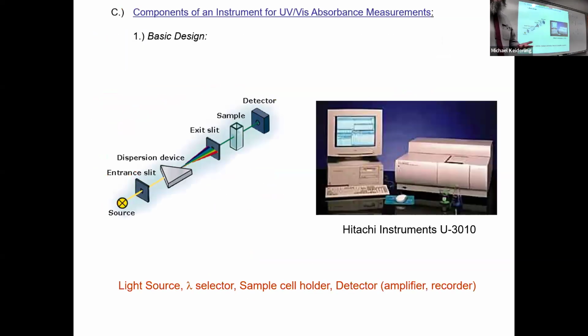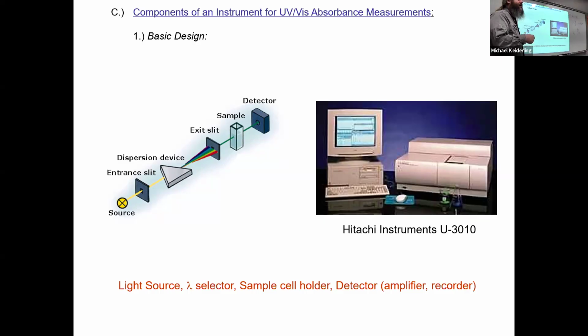So let's talk about the components of various instruments. We have the basic design for some UV visible absorbance measurement device. We have a source, we have an entrance slit, we have a device that disperses the light into various colors, which could be a prism or a diffraction grating.